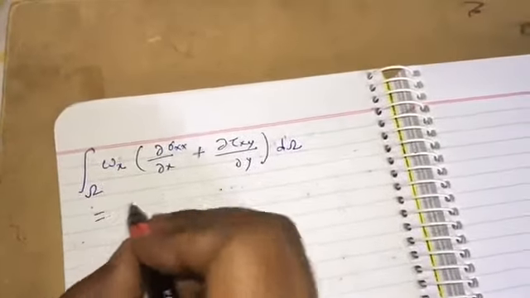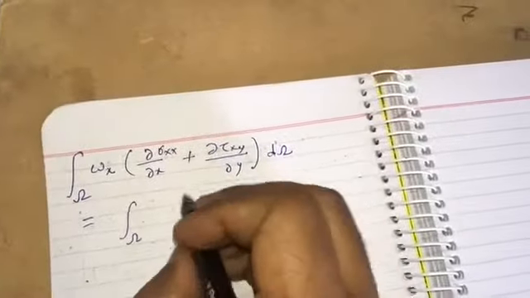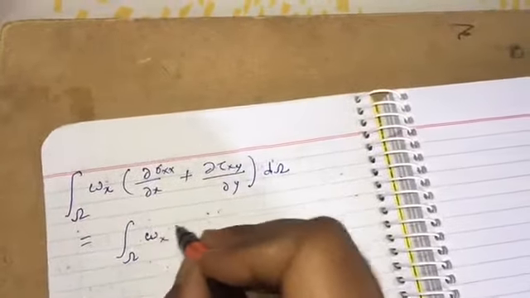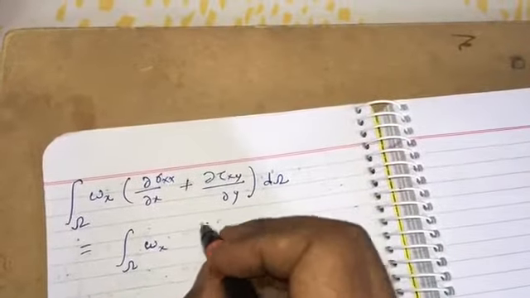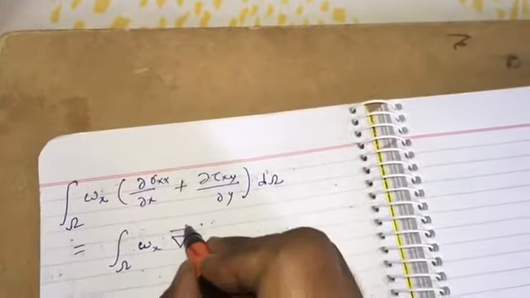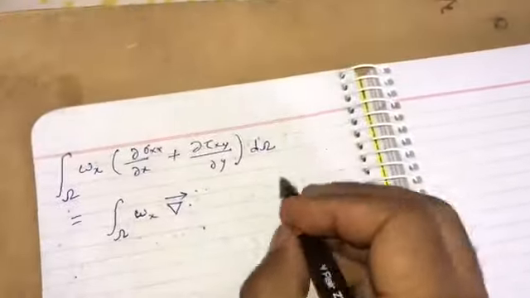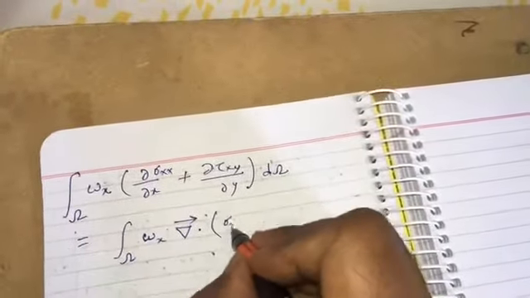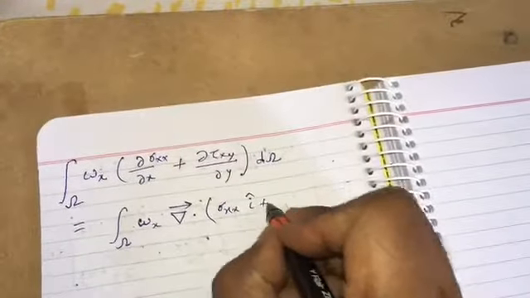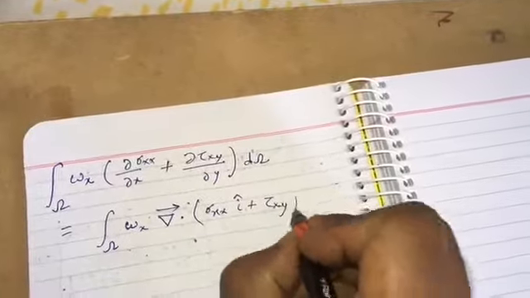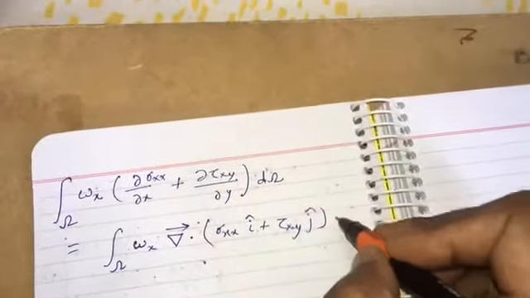We can write this as the integral over omega of wx times del dot (sigma xx i plus tau xy j) d omega.